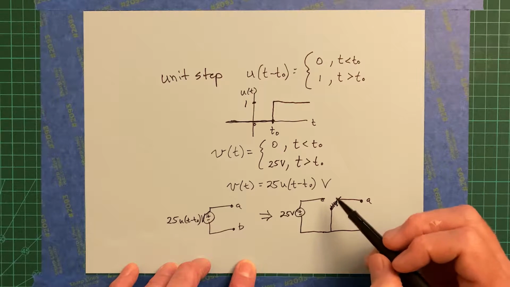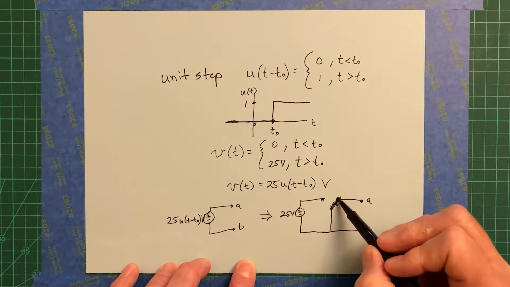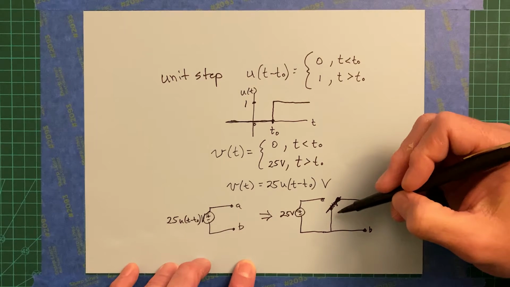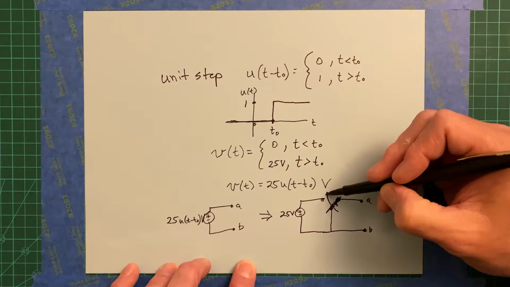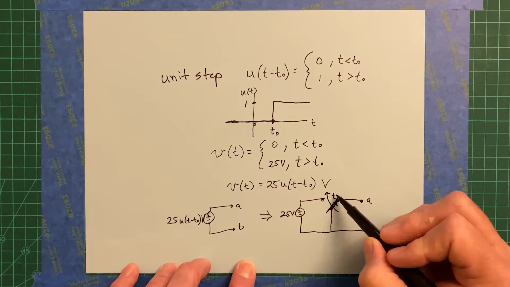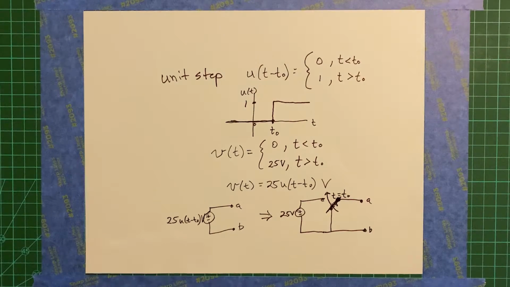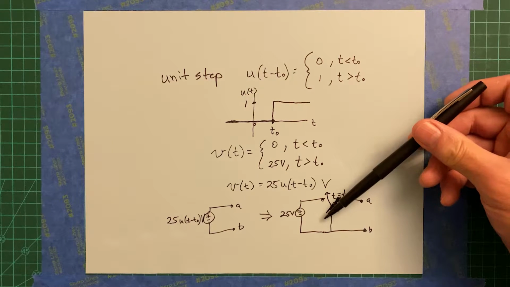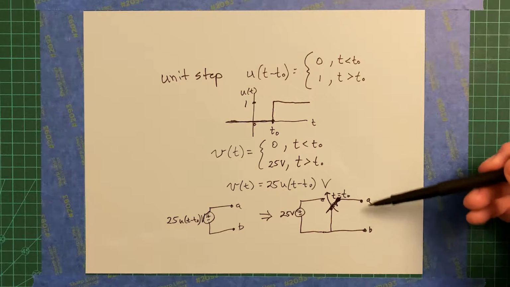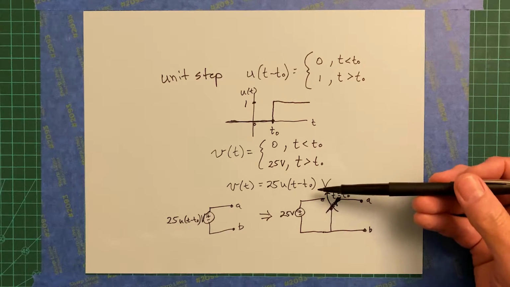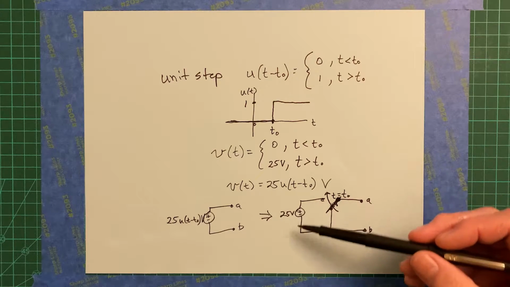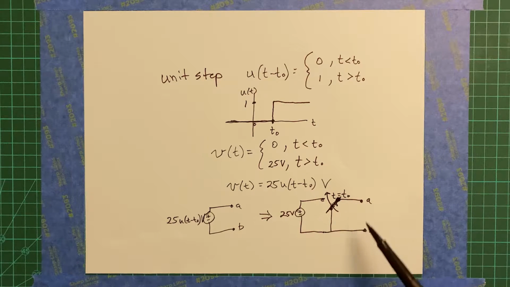The switch has to pivot at this point and go down this way so that it rotates in that direction at t equals t naught. And again, t naught could be 0. So the switch is down here originally. In other words, there's no voltage across A and B, but then when it's flipped up, suddenly it's connected to this voltage source, and we have a potential difference of 25 volts across the terminals, across A and B.